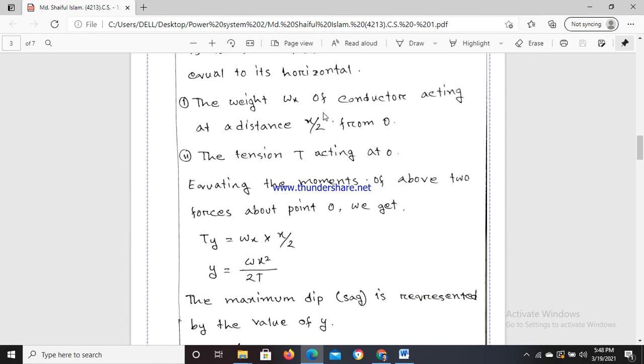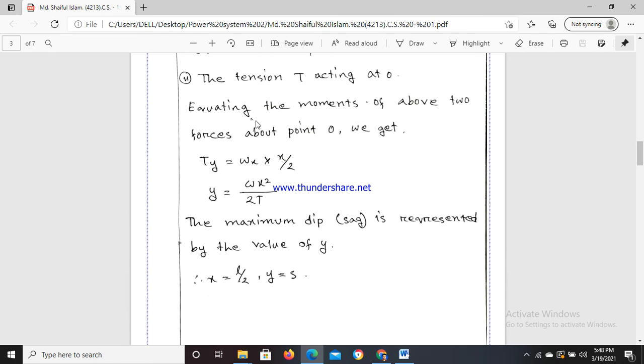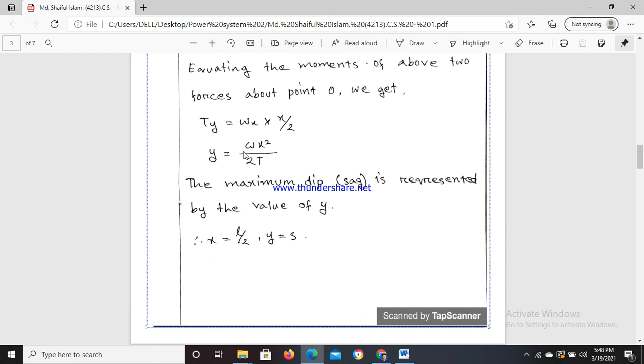The weight wx of the conductor acts at a distance x by 2 from O. Number 2, the tension T acts at O. Equating the moments of the above two forces about point O, we get Ty equal to wx into x by 2, y equal to wx square by 2T.